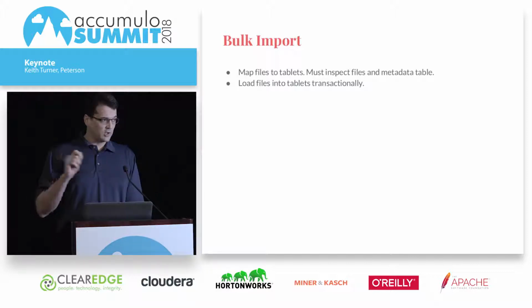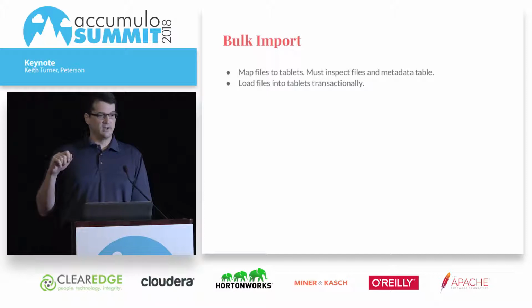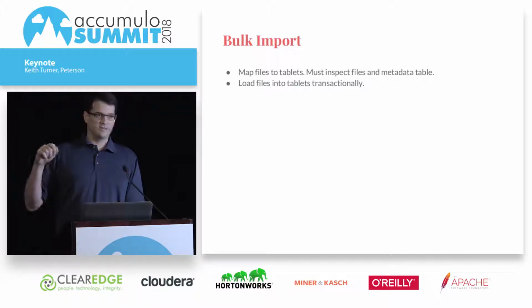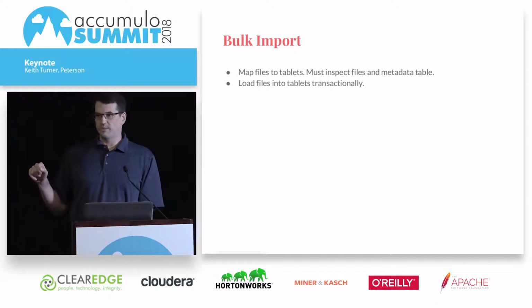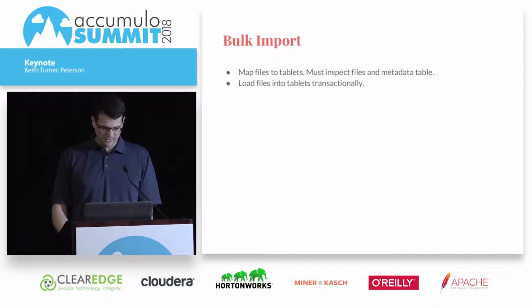And then when it loads onto the tablets, it has to do this transactionally and try to make sure the file's not loaded twice to the tablet, that if the table is splitting while the bulk import is happening, things aren't lost. So it has to do the inspection, and then it tries to handle the insanity of a distributed system and get those files in there.